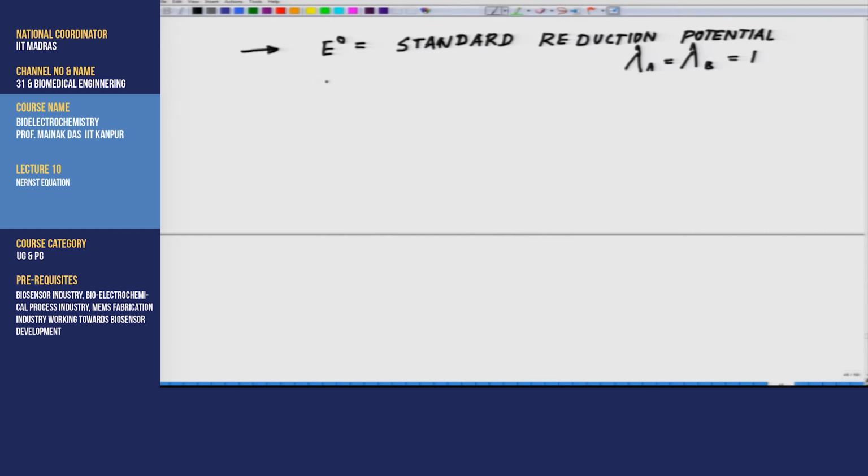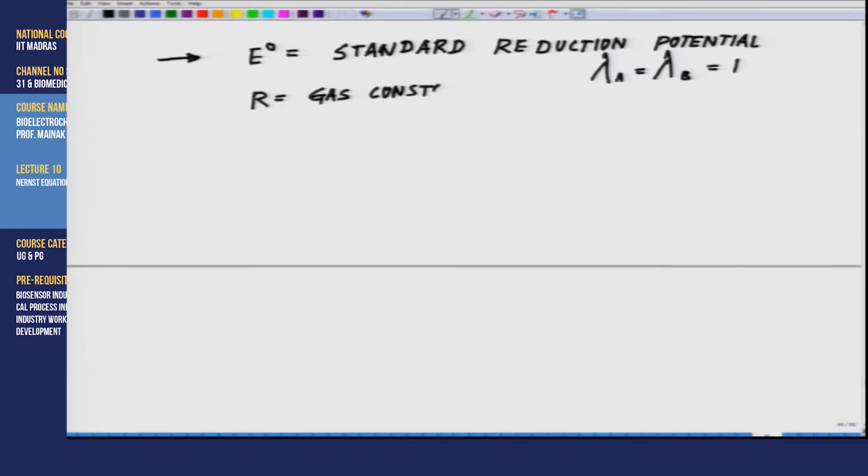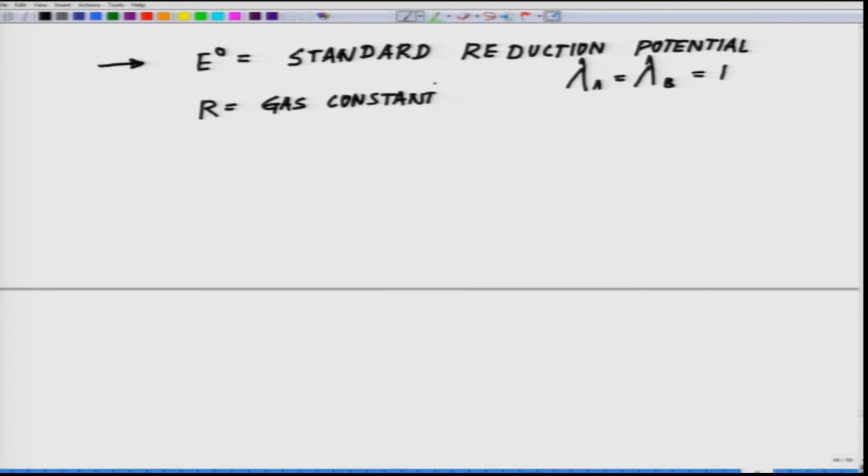Then you have R, which is the gas constant. This gas constant term is 8.314 joules per Kelvin mole, okay, and which could also be written if it is in joules.